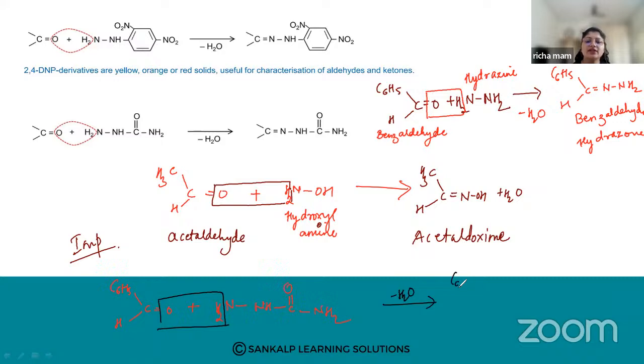Write the remaining thing: C6H5-CH double bond N-NH-C double bond O-NH2. What is the compound name? This is benzaldehyde, this is semicarbazide, and this is benzaldehyde semicarbazone.